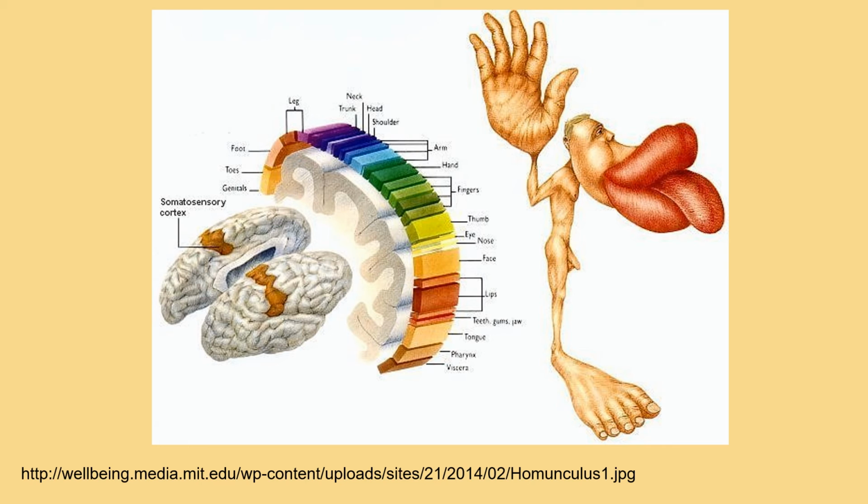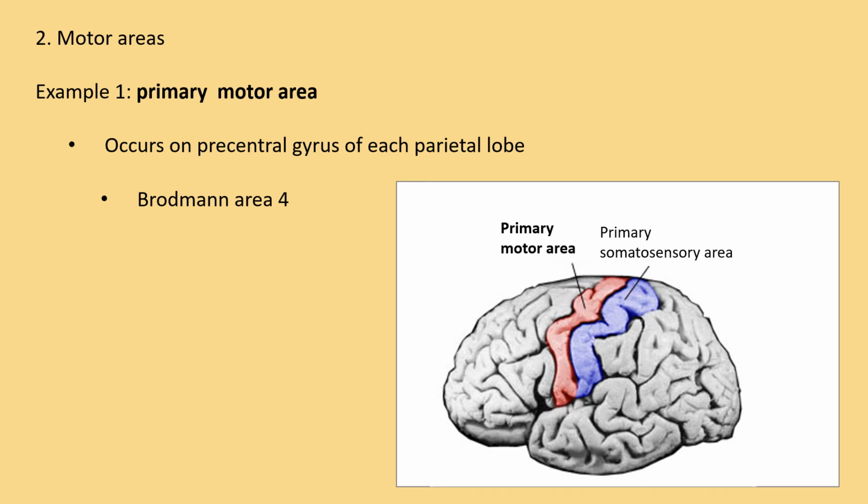All right, our example motor area, or one of them, is the primary motor area. If you look at the image, the primary motor area is on the precentral gyrus in the cerebrum. We were just talking about the primary somatosensory area, that's highlighted in blue.